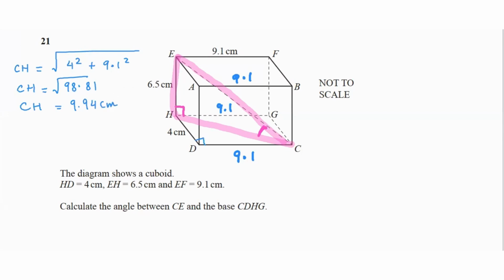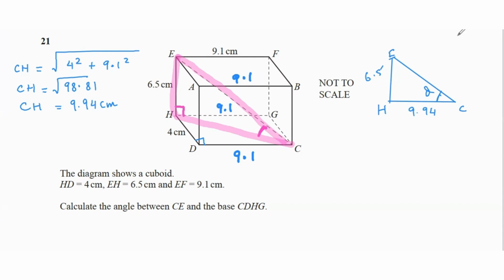Now I'm going to draw another triangle over here so that it's easy for you to understand. This is your triangle EHC. CH is found as 9.94. EH is 6.5. We're trying to find this angle. So over here, we're going to use SOHCAHTOA now.